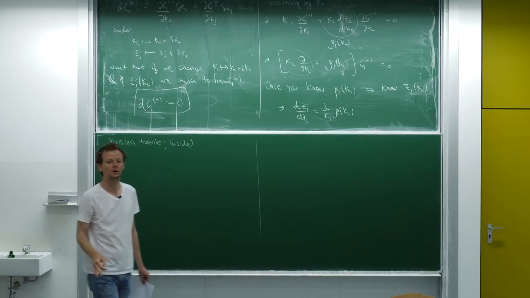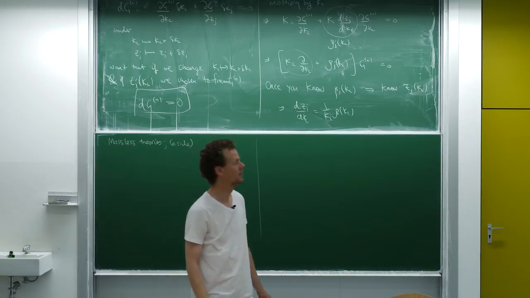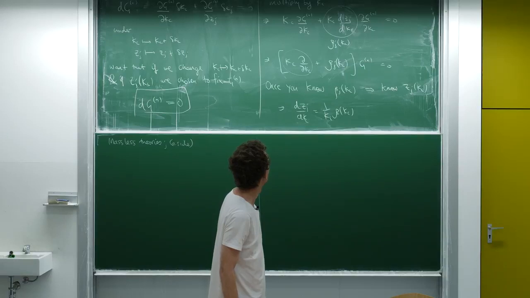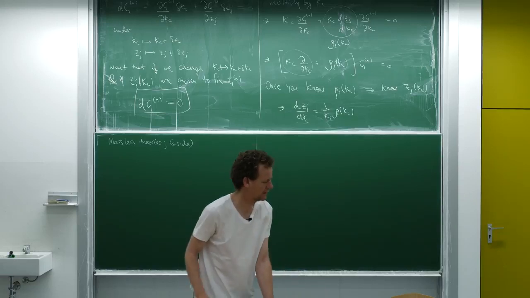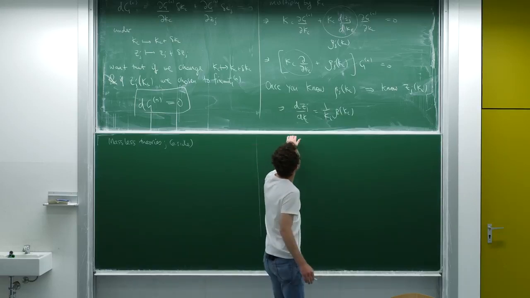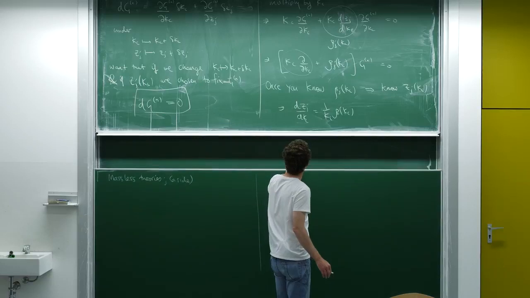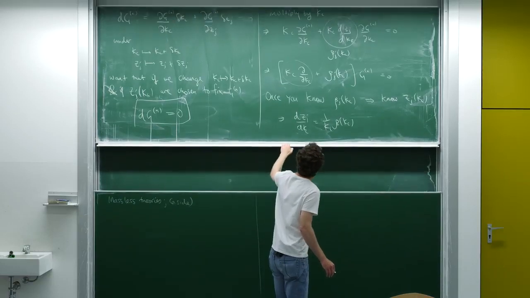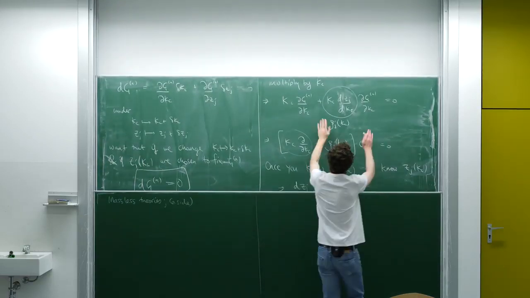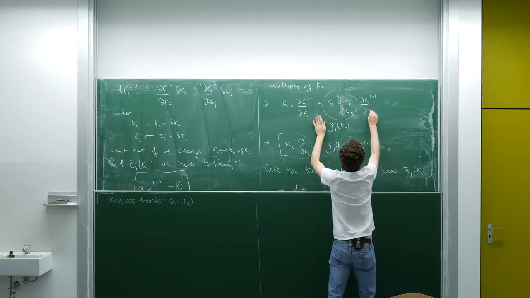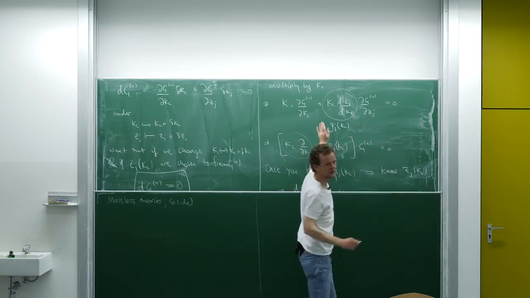A question? Could it be that there is a differentiation with respect to Zj in the middle equation? Oh goodness, yeah. The question is, shouldn't this be a derivative with respect to Zj up here? Yes, that should.